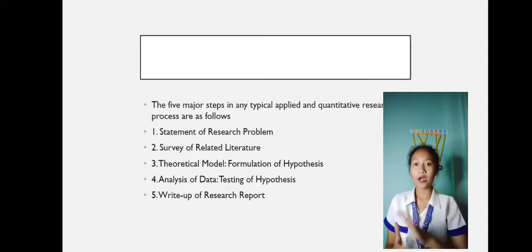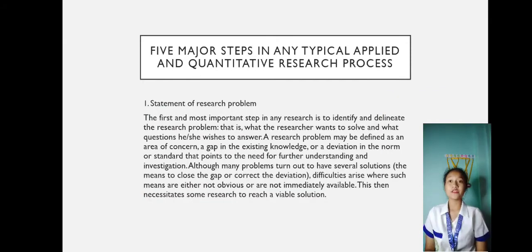And number four, analysis of data testing of hypotheses. And number five is the write-up of research report. Proceed to the number one step in any typical applied and quantitative research process, which is the statement of the research problem.